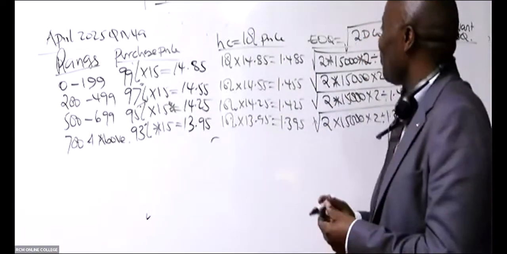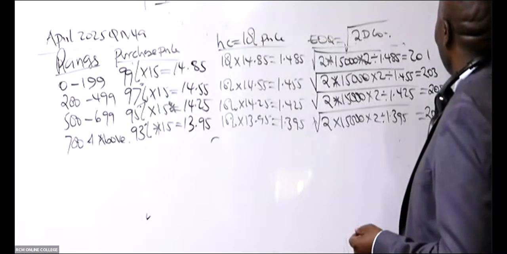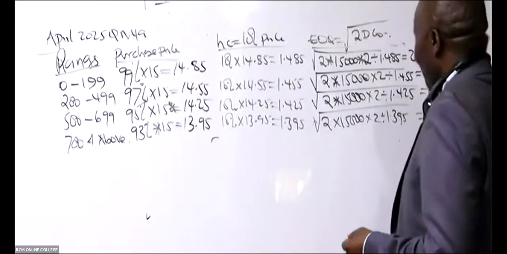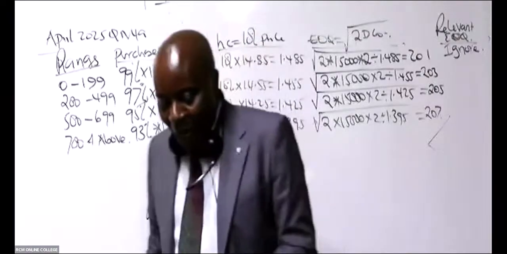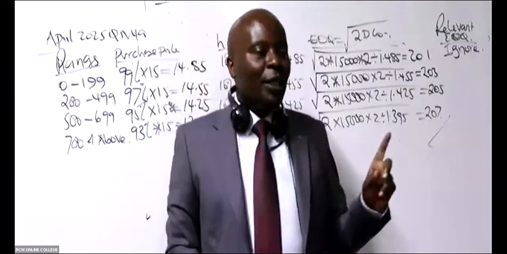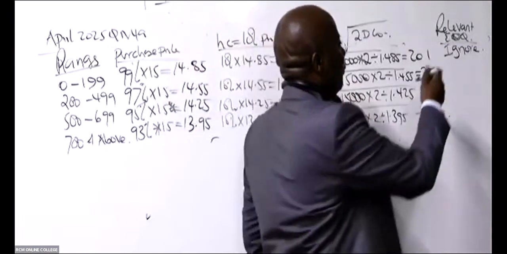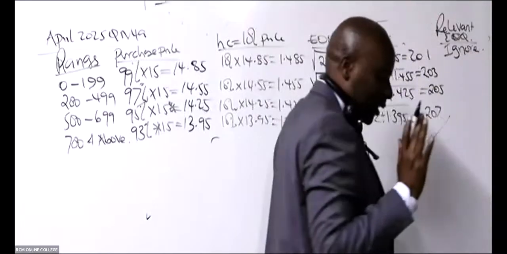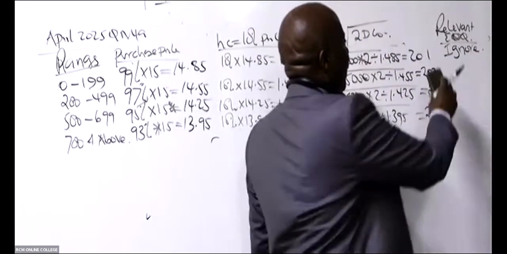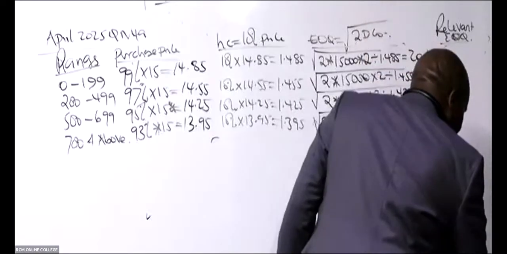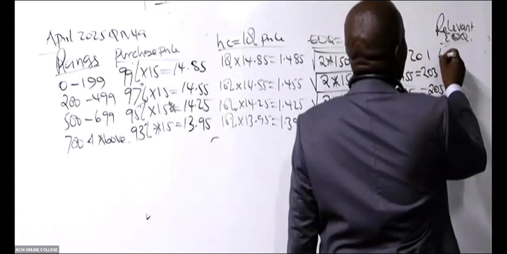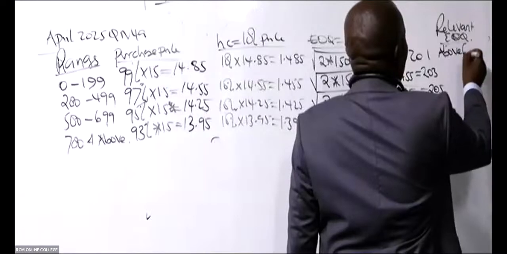You know. So this is above. Actually, you can even write there above. That's what we should have done for revision. 201 is above, so ignore.